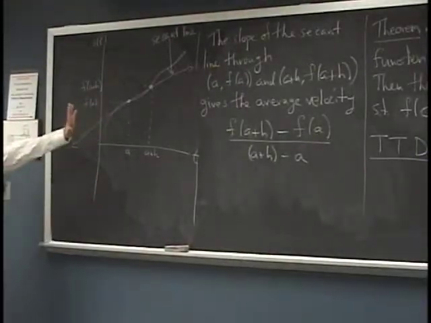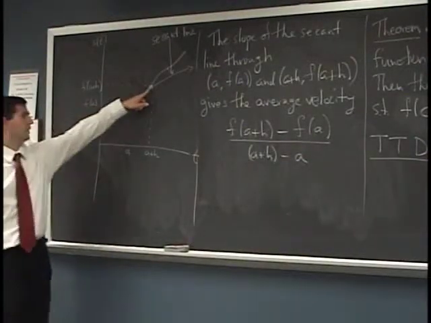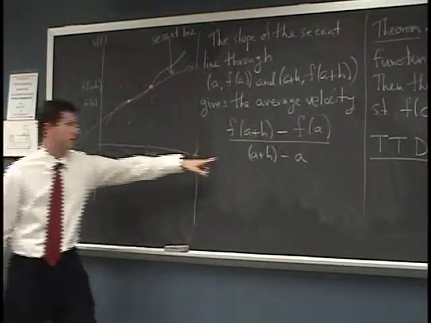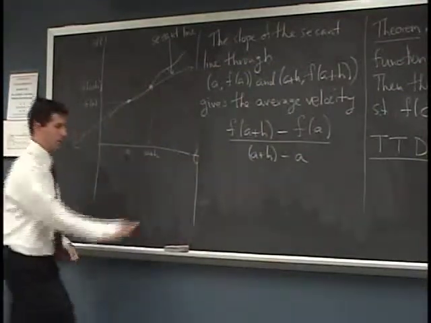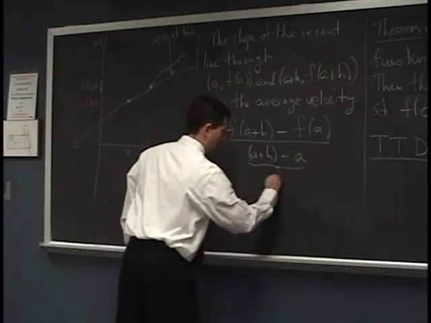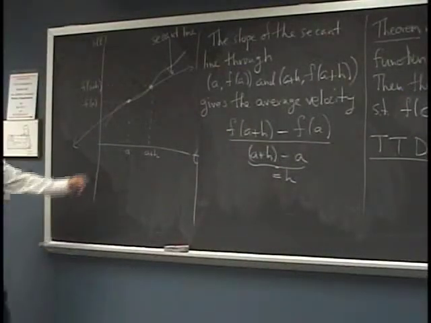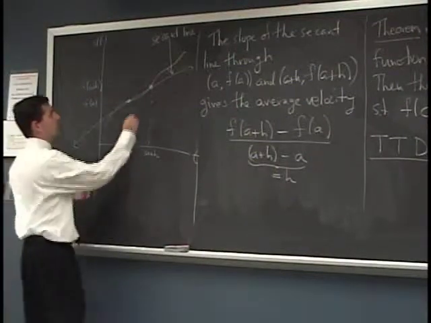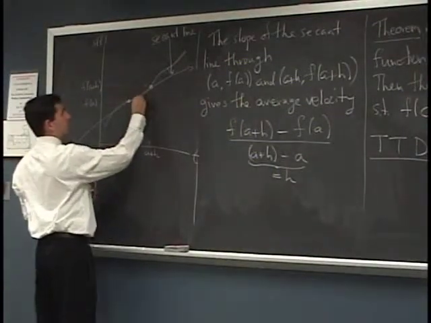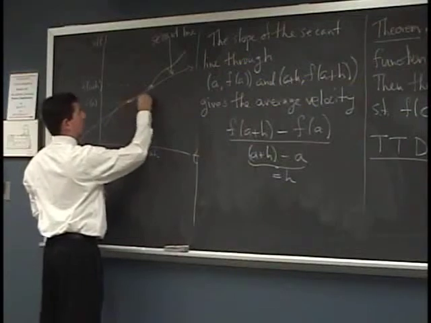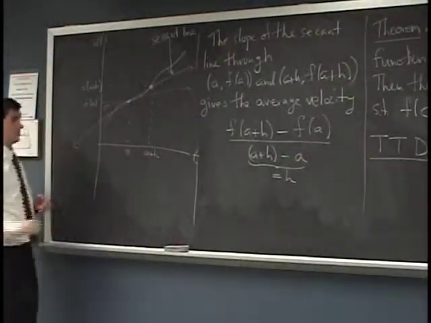This is our average velocity. And we start moving this point towards a, making the h here smaller. And as you move it, let's say you move it down to here, you can see that the slope of the line can change considerably.